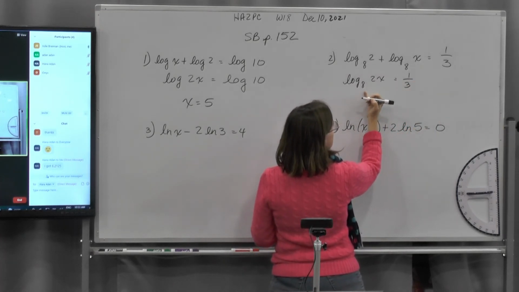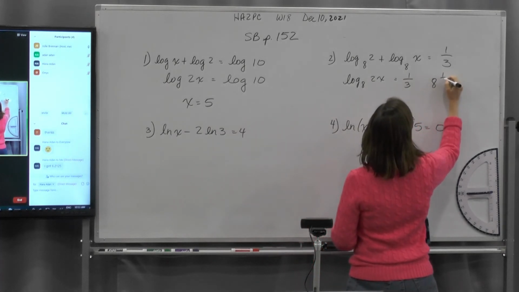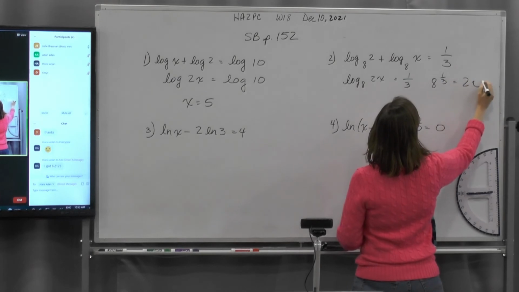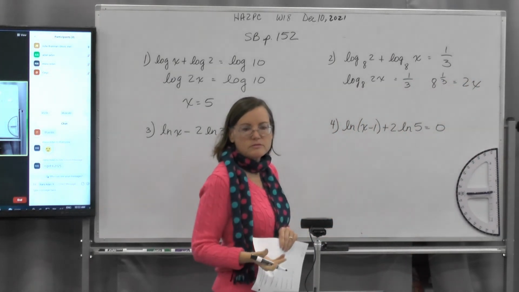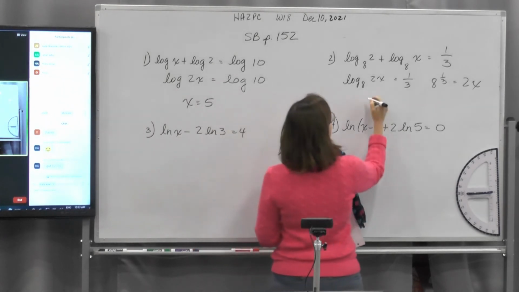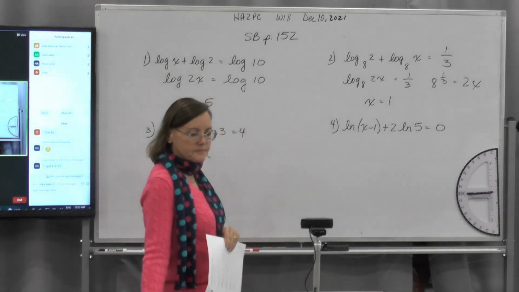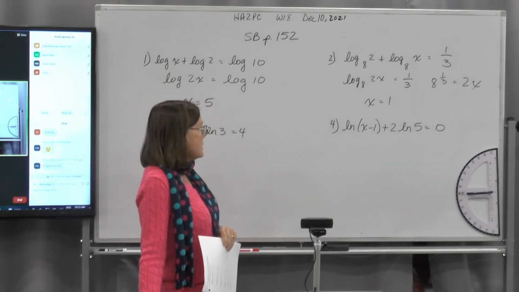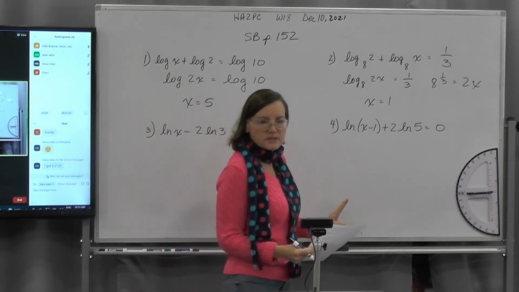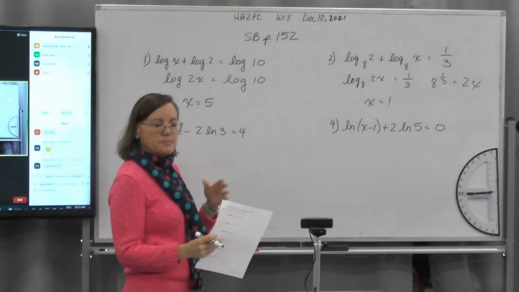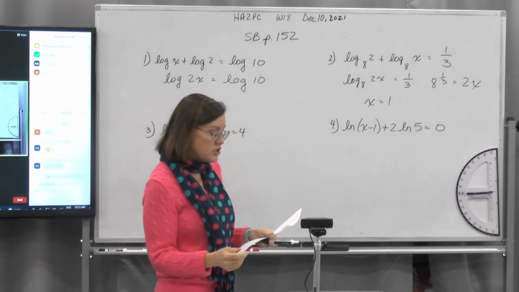So once you have this, 8 to the 1/3 is just 2. 2 times 1 is 2. x is equal to 1. Kind of cool. What's interesting about these is they look so complicated, but if you just apply a few of these rules, you're going to be in good shape.